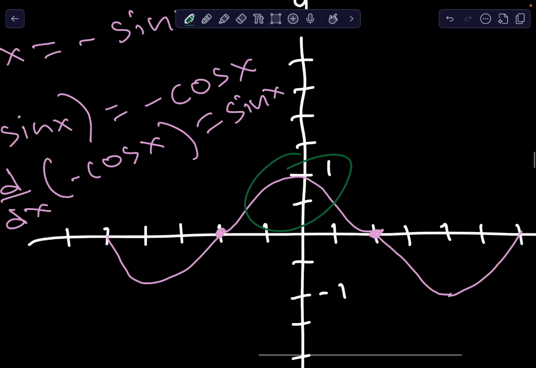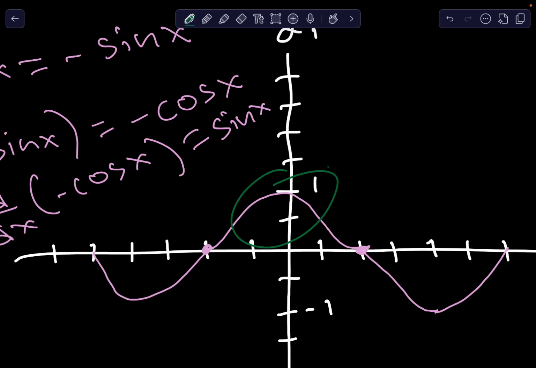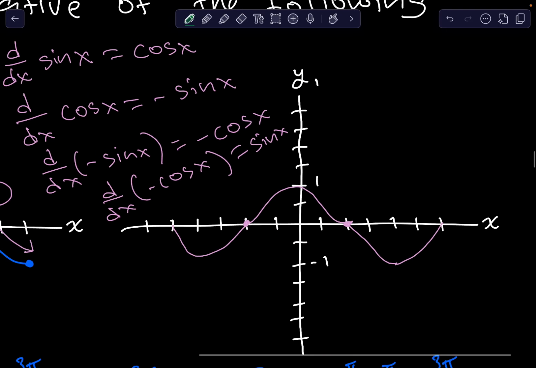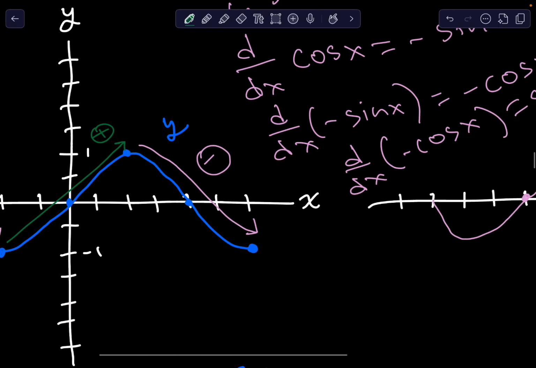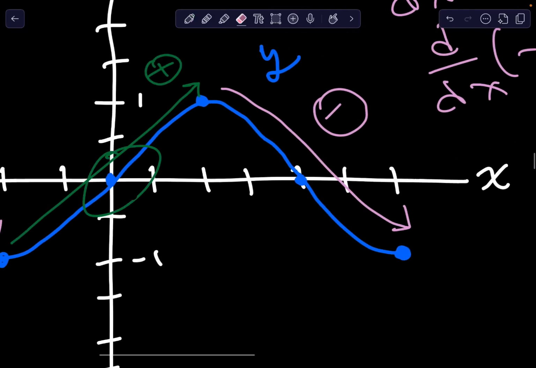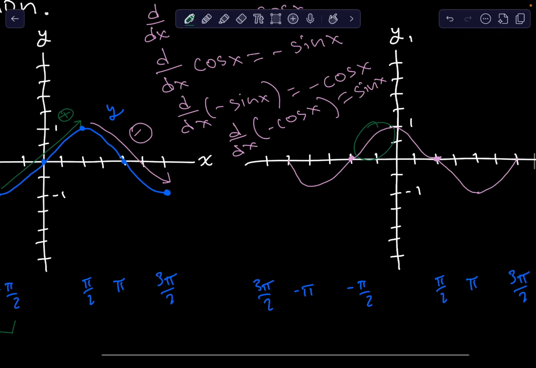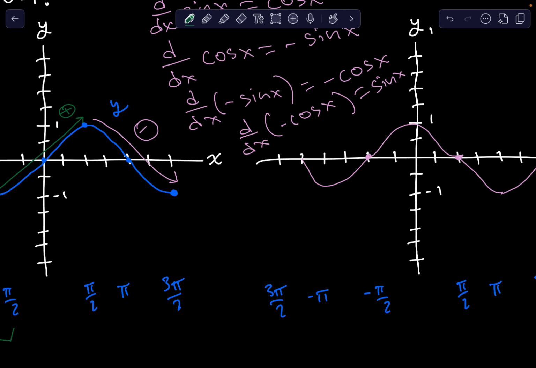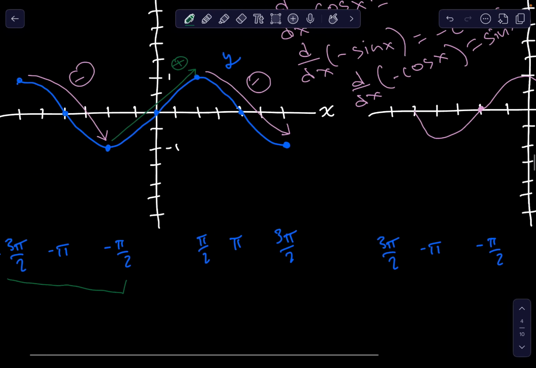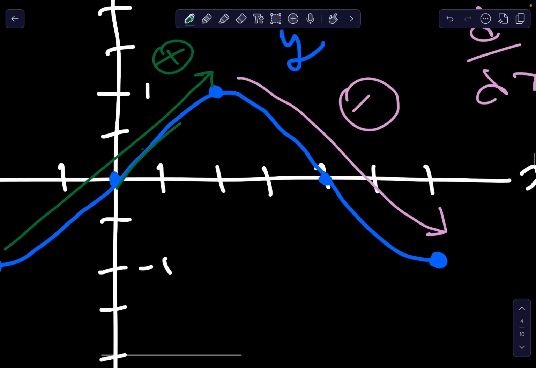So we know we're concave down because we're facing down at x equals 0. Or yes, we're facing down on our derivative graph. And if we look at x equals 0, it looks like we have a point of inflection, meaning we're going from a slope that is increasing. Let's check if that's right. Yeah, we have a slope that's increasing. We're getting more positive. And then we start to decrease.